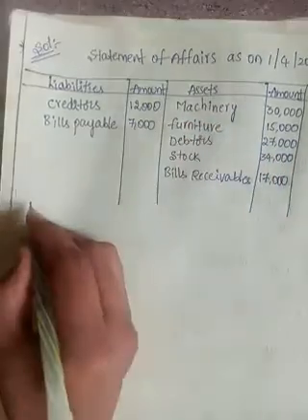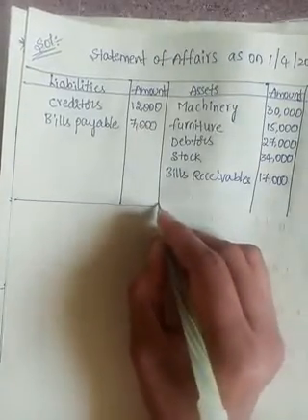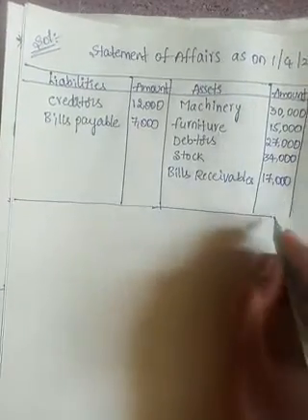Now we will calculate the balancing figure. That balancing figure is known as the closing capital.